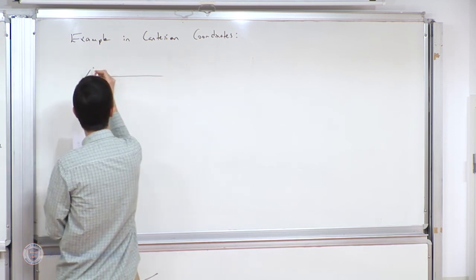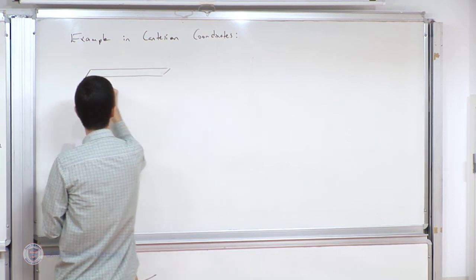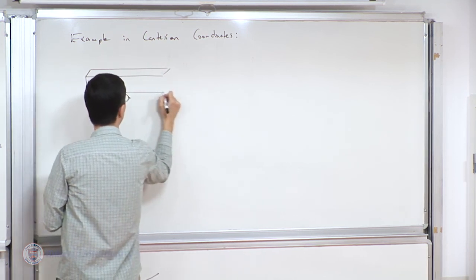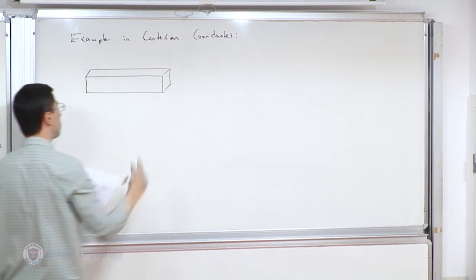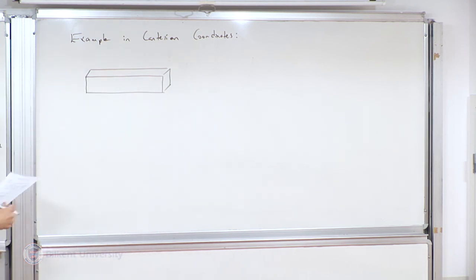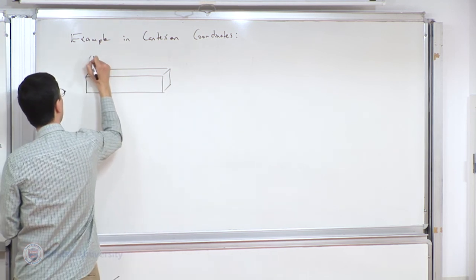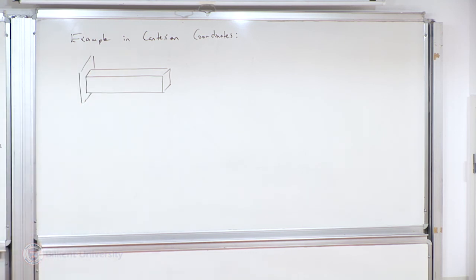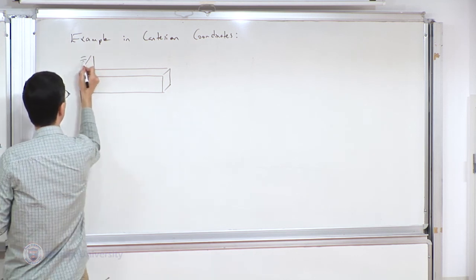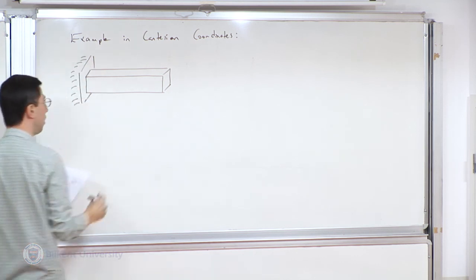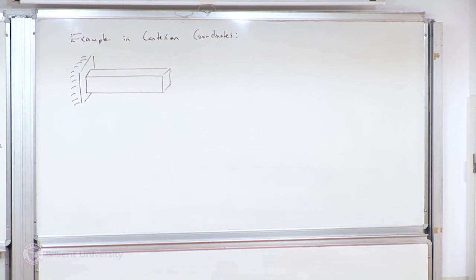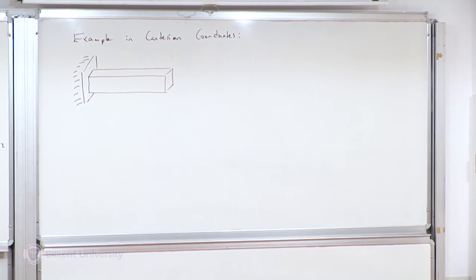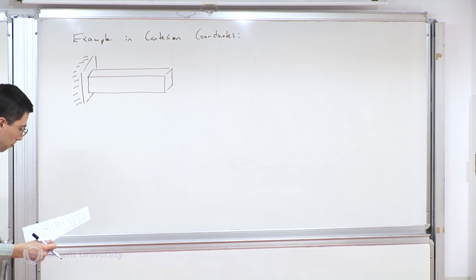I'll try to draw it in a 3D setting. So it's something like this, right? It's a problem that we even considered in our first mechanics course, but when we want to solve this problem once again in a slightly more complete manner, we're going to revisit this setting in this course.